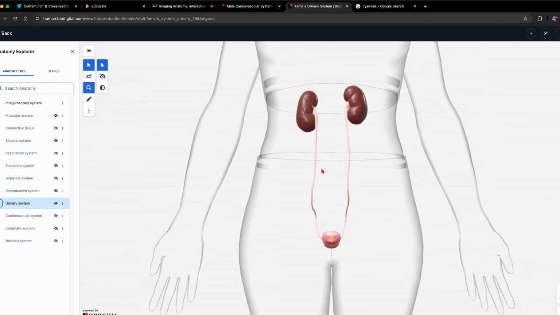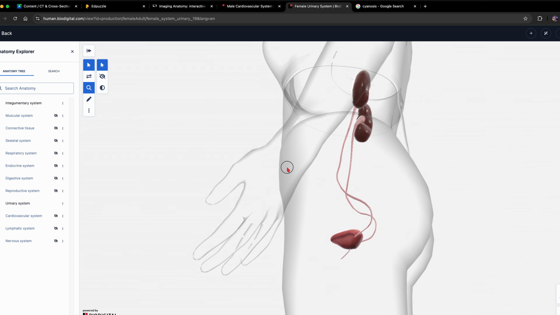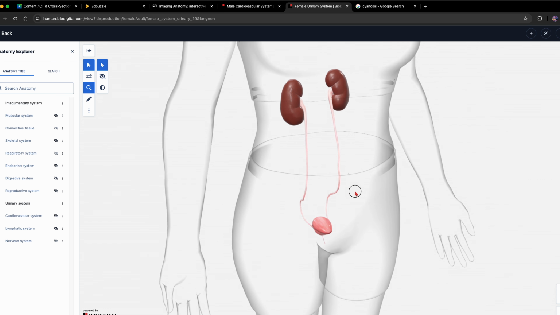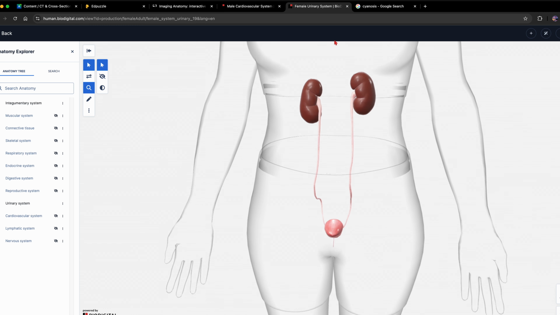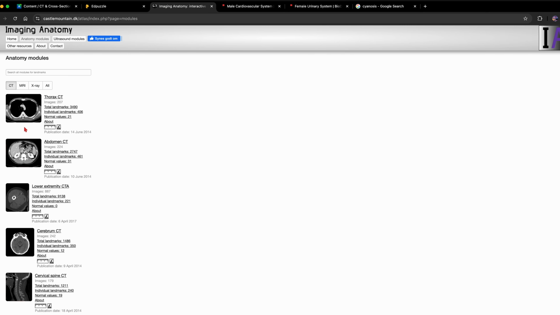So it's going to be similar for the female, except now the urethra is shorter. Now let's try to look at this on CT before we get onto the cardiovascular system. Let's look at some CT images of the urinary system.